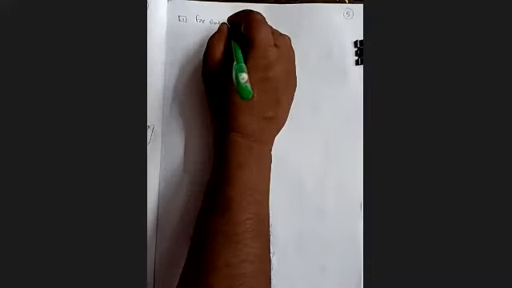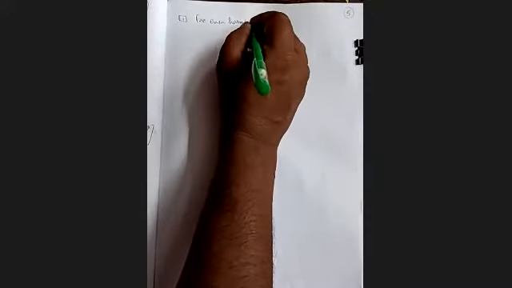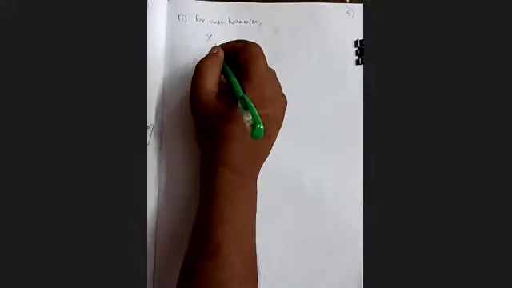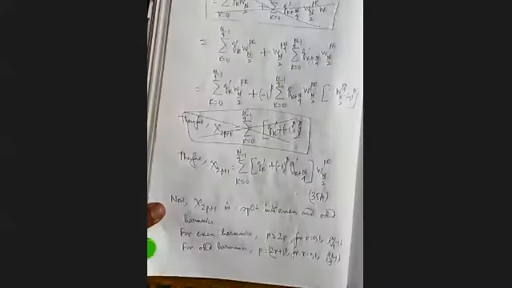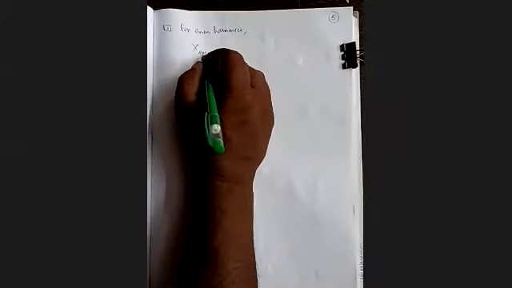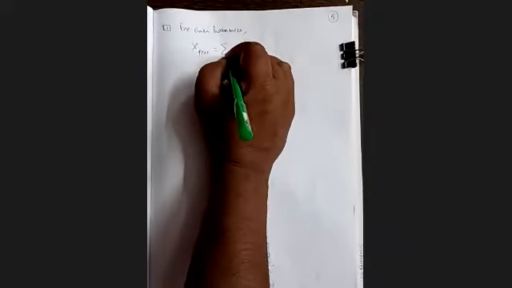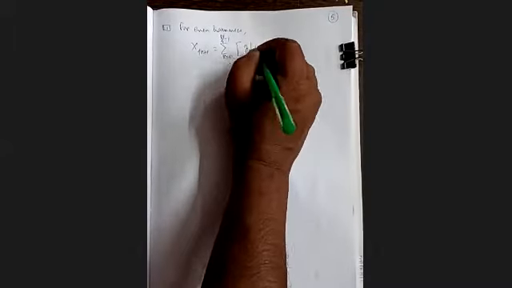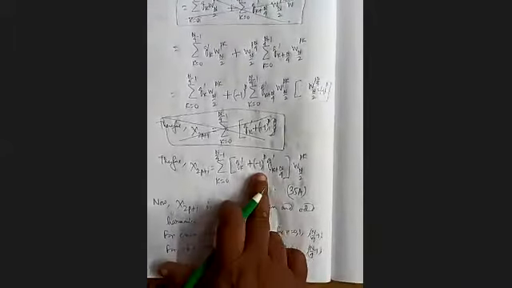Okay. So for even harmonics, we write X(2P plus 1), we put p equal to 2r, so X(4r plus 1) equal to, k equal to 0 to N by 4 minus 1, G'(k). Now p equal to 2r, the sign becomes plus here.